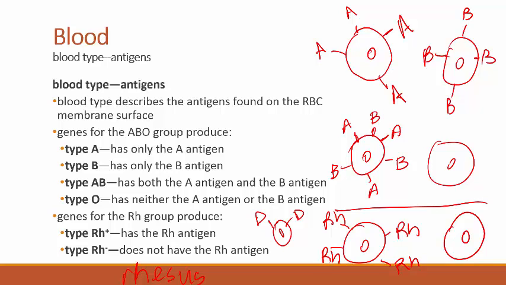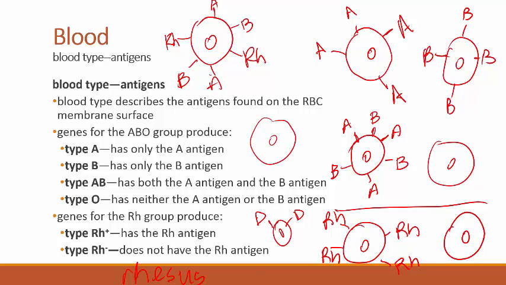So our blood types are a combination of the ABO gene and the Rh gene. A person who is AB positive would have A and B antigens, and they would have Rh antigens, all found hanging off of their cell membranes. A person who is O negative has no surface antigens as determined by the ABO blood group and the RH blood group genes, no antigens at all.